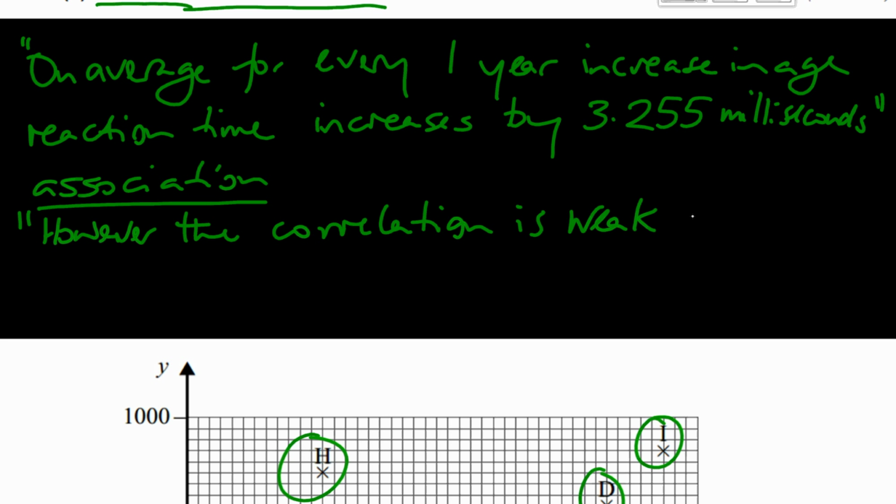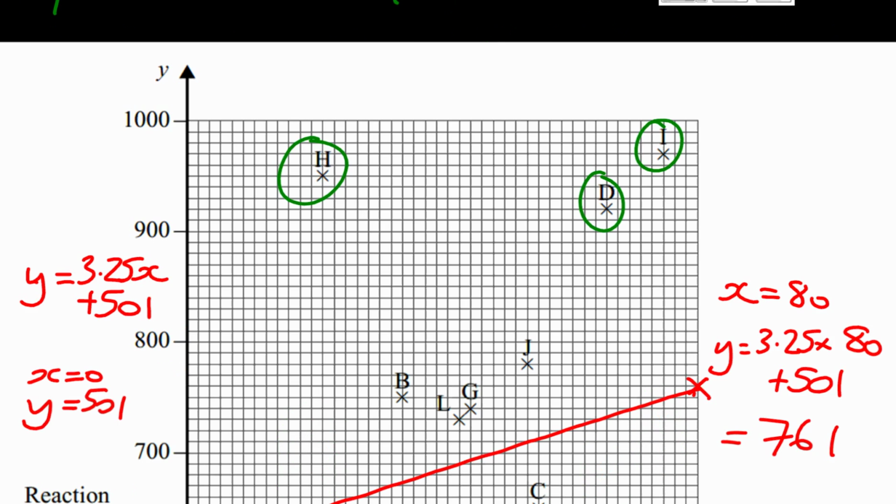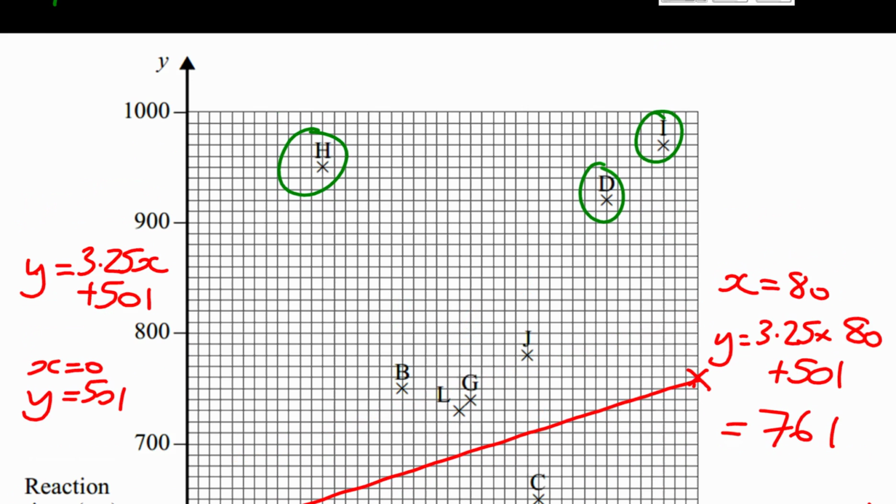Is weak as demonstrated by the correlation coefficient PMCC, product moment correlation coefficient R, of only 0.176. Let's just check that is the right number, isn't it? 0.176.